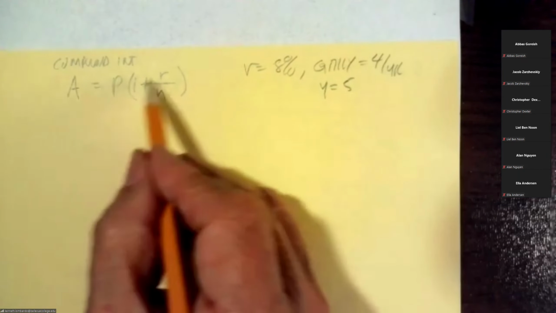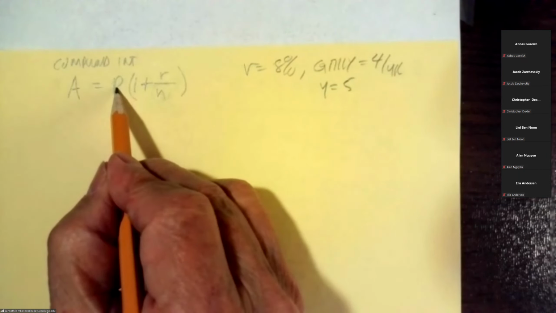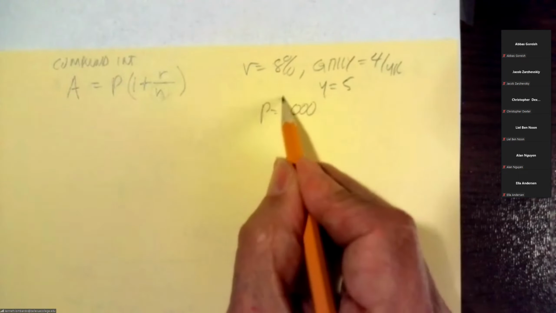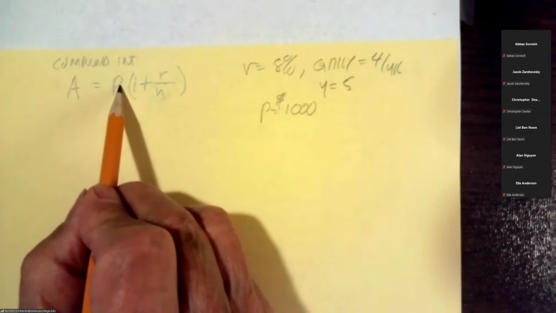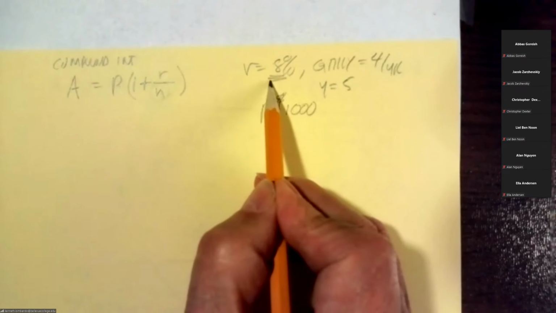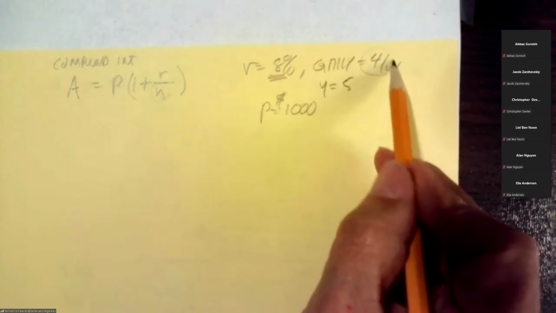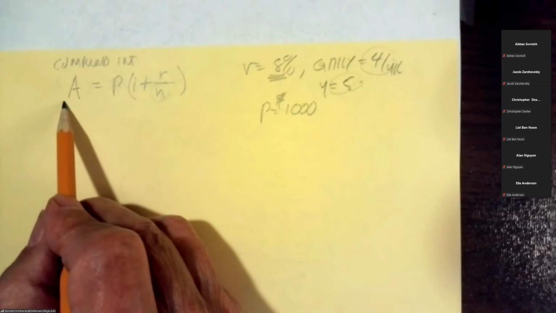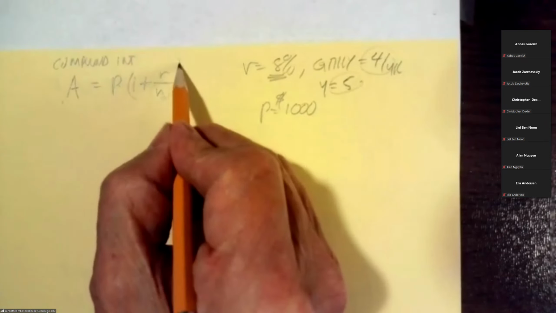So maybe the principal invested is $1,000. So if I invest $1,000 at 8% compounded quarterly for 5 years, how much money do I get back? Well, let's see, compounded quarterly, so it's n quarters per year for 5 years.